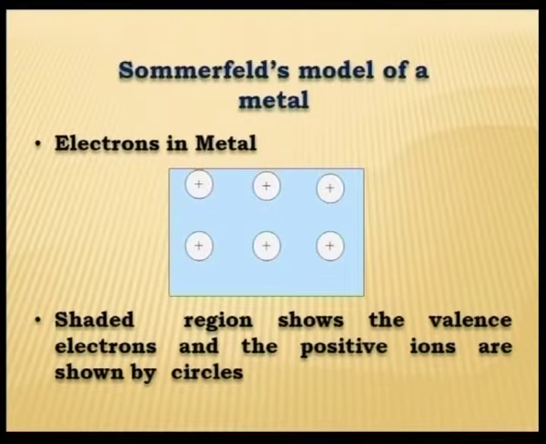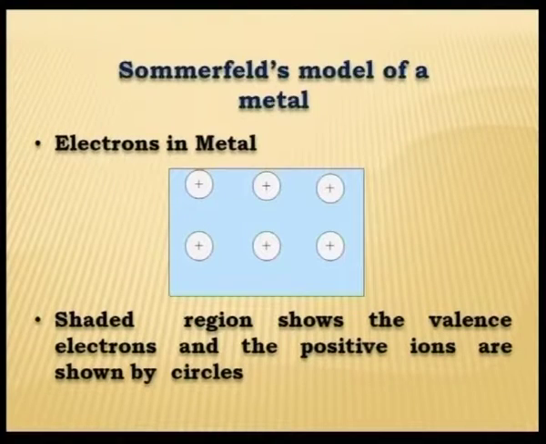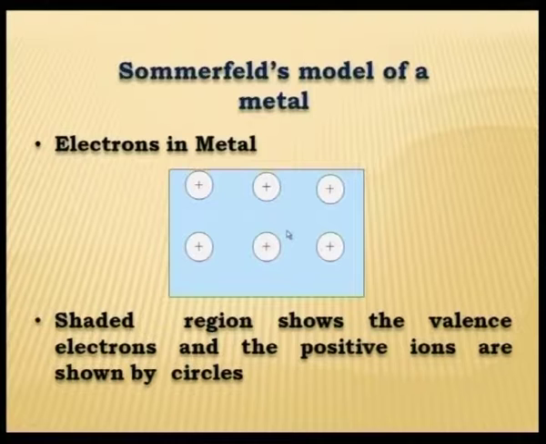For the sake of simplicity, what Sommerfeld did was to consider the electron to move in a constant potential. Irrespective of the position of the electron, he averaged out the potential and made it a constant, because the problem is complicated in reality.